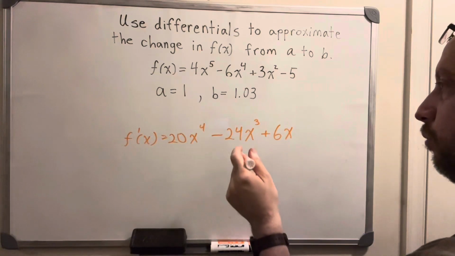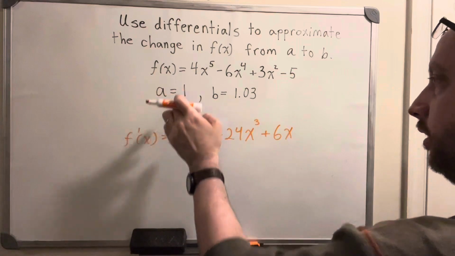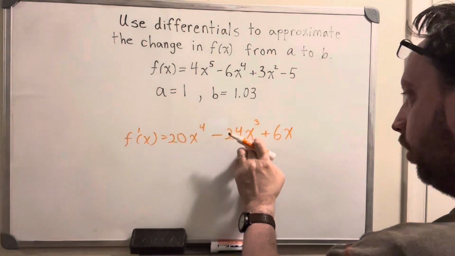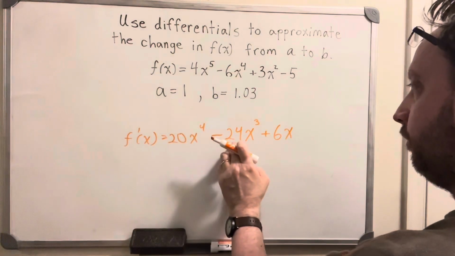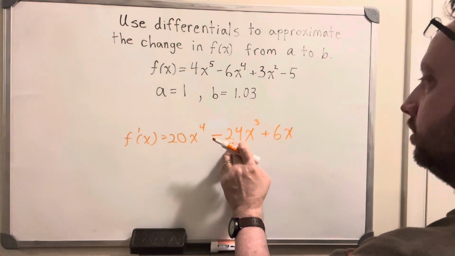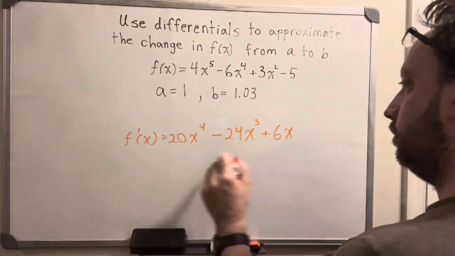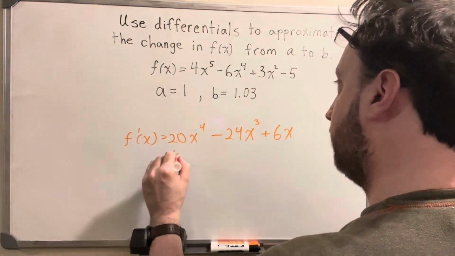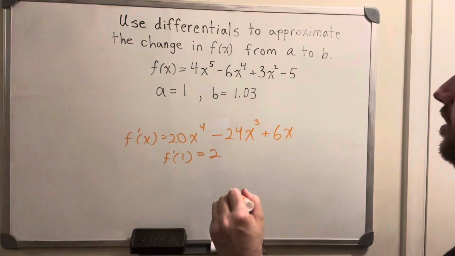So if we want to find the slope of the tangent line at 1, we just plug in 1 for every x. So it's 20 minus 24, negative 4. Negative 4 plus 6 is 2. So we can say f prime of 1 equals 2.